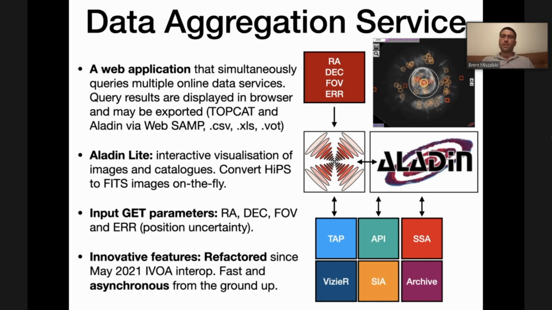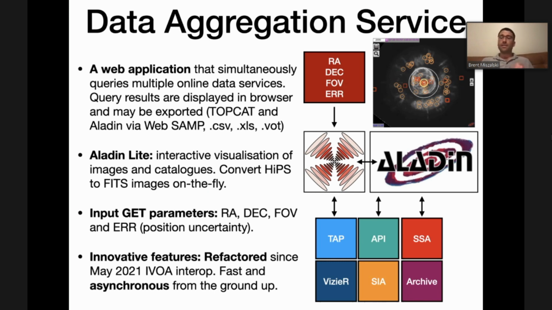We use Aladin Lite to provide interactive visualization of images and catalogues together. And we convert FITS to HiPS format on the fly for display in Aladin Lite. The application takes in RA-Dec, field of view, and an error radius, which represents the uncertainty.